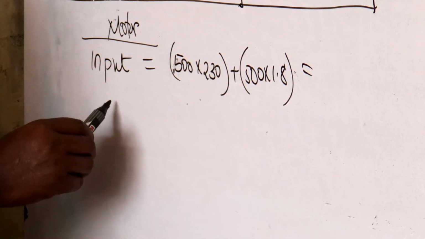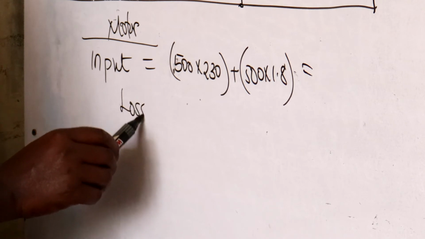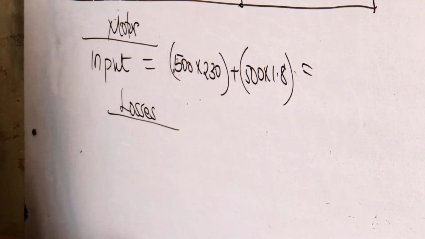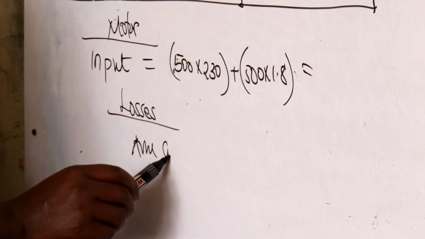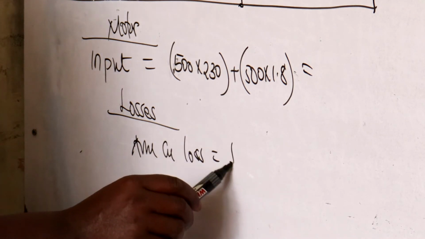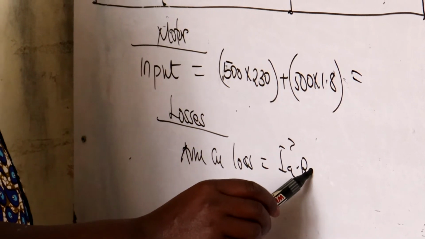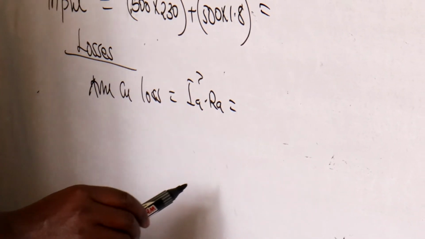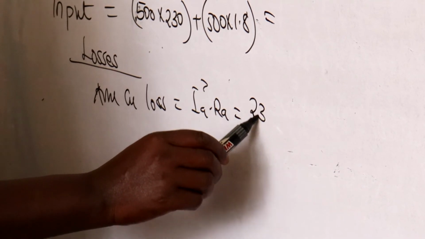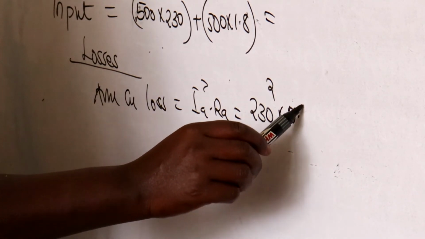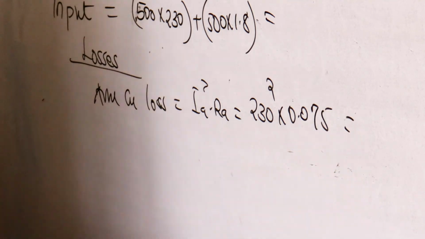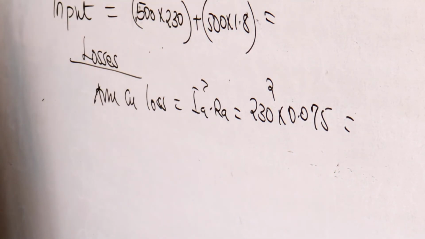And then we can look at the losses. We start with the armature. Armature copper loss is given by I squared R_A, which is 230 squared times 0.075. That is the loss in the armature. Point to note: there was a brush drop of 2 volts per each machine, not per brush.